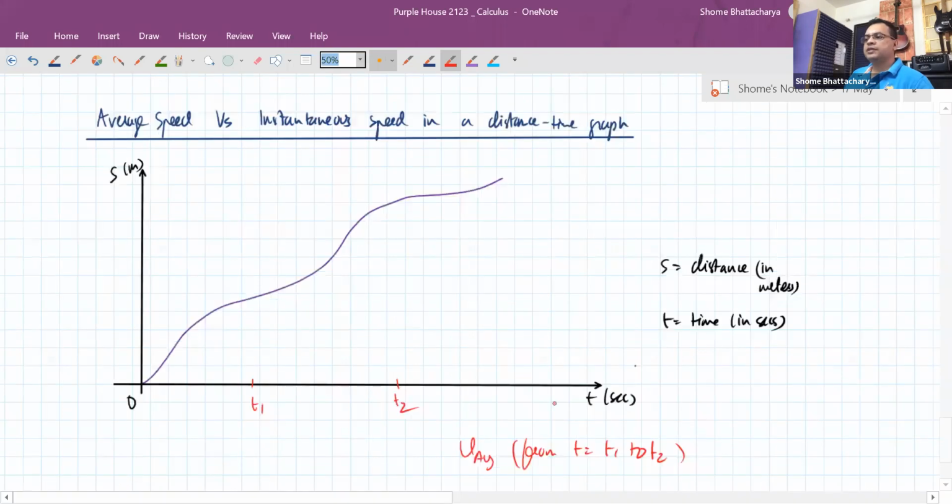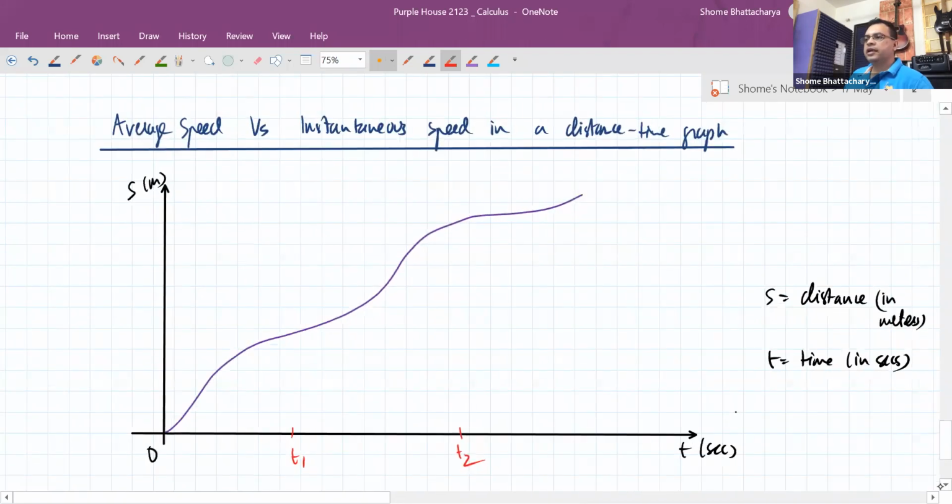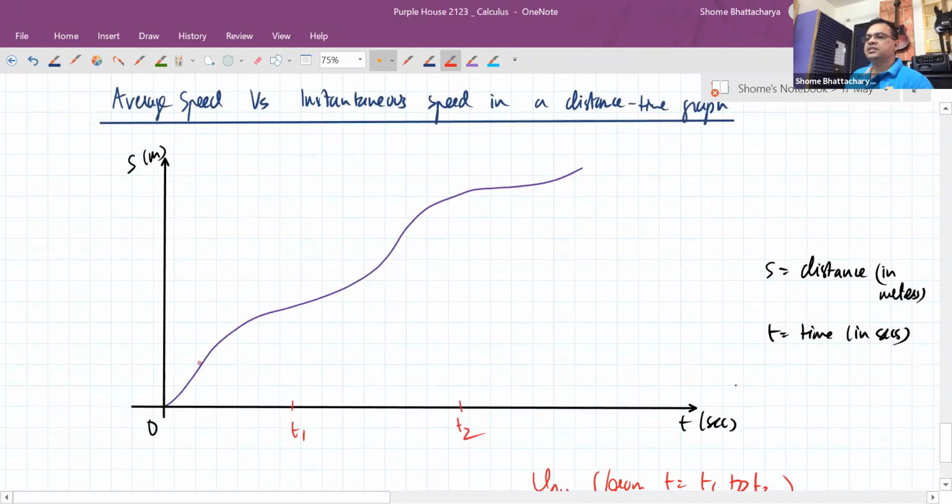Suppose we've actually done an experiment, and during that experiment, we have measured the distance traveled at various different times. We plotted those on some graph paper, and we've joined that with a smooth curve. So we've come up with some distance versus time graph like this. Now using that graph, I want to find out that during this time interval t1 to t2, what was my average speed?